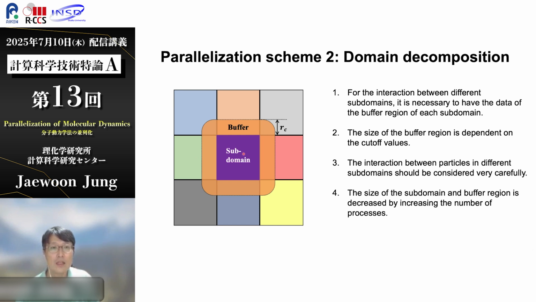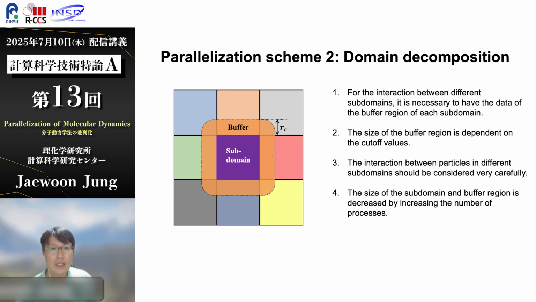The size of this communication depends on the interaction range. Here we mentioned the cutoff value, which is the threshold value of the interaction range. So even with the neighboring domains, we do not need to communicate all of the data. We can communicate only for some specific small region of the whole space.